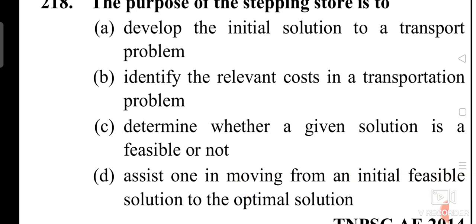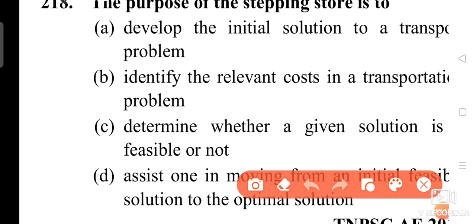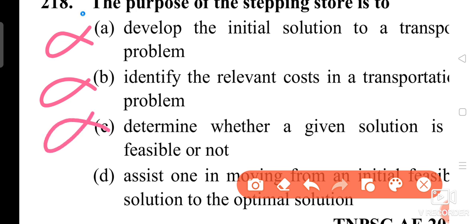Develop the initial solution to the transportation problem, wrong. Identify the relevant costs in a transportation problem, no. Determine whether a given solution is not feasible, no. Move from initial feasible solution to the optimum solution, true. D is the right answer.